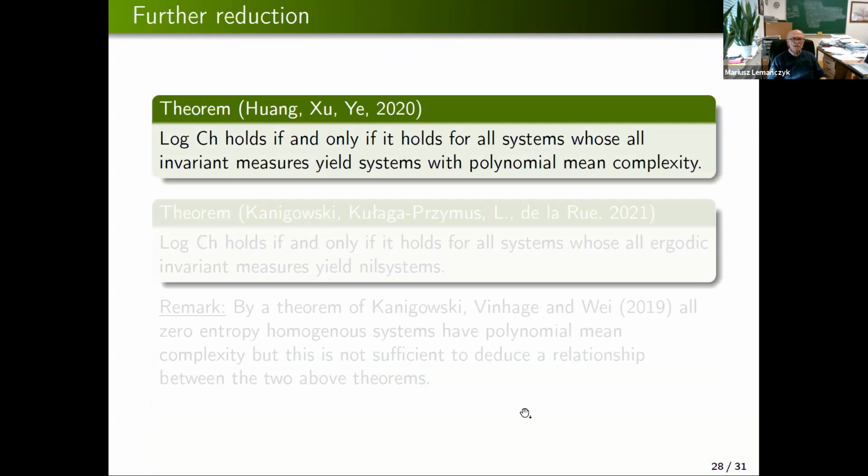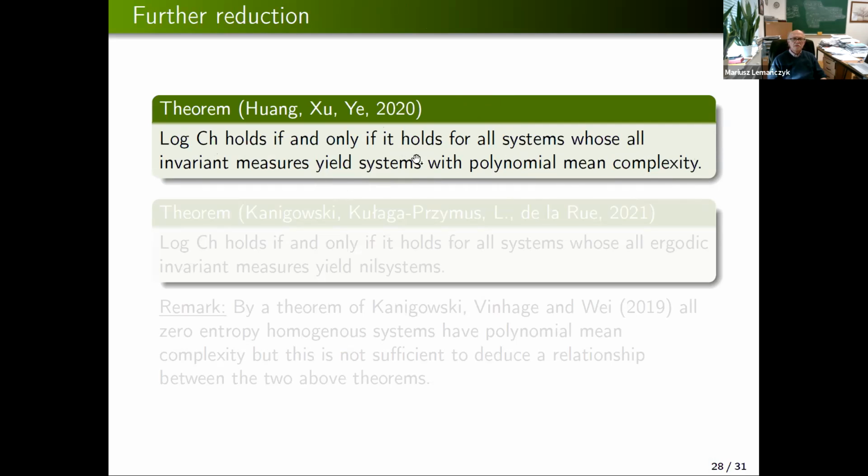Okay, so then we have two theorems. One is from the Chinese school. They produced many results of that type, and this one seems to be the best one. Namely, they showed that the logarithmic Chowla conjecture is equivalent to the fact that all systems whose invariant measures yield systems of polynomial complexity satisfy Sarnak's conjecture.